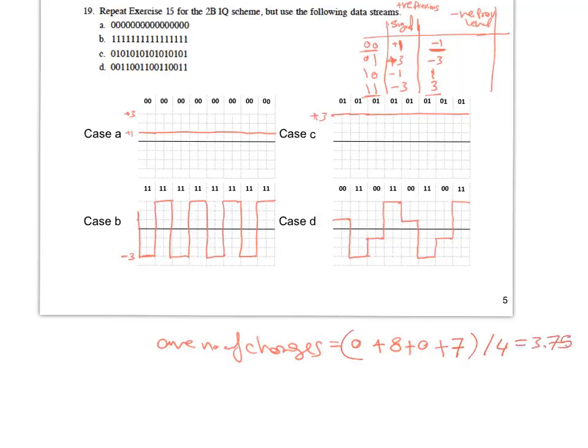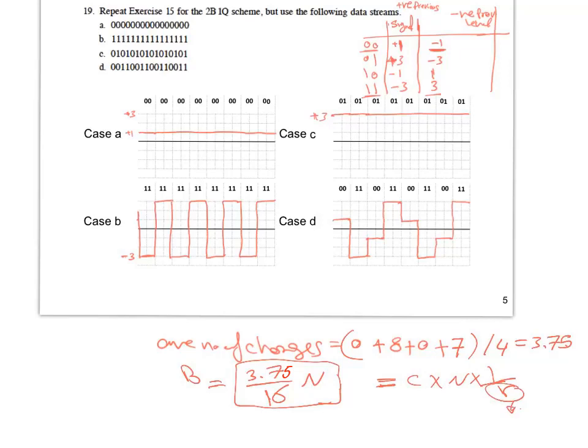So this is equal to 3.75, and then the bandwidth equals 3.75 over 16 times n. And if we calculate this, remember that this is equal to C times n times 1 over r, where r here is 2.